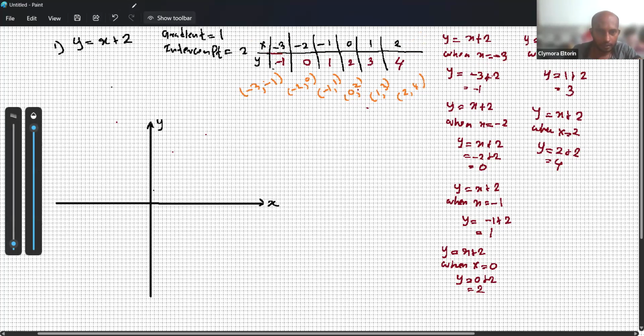Let's mark the scale, 1 square equals 1 unit. 1, 2, 3 and minus 1, minus 2, minus 3 on x. On y also minus 1, minus 2, minus 3 and minus 4. It's enough. Let's plot it.